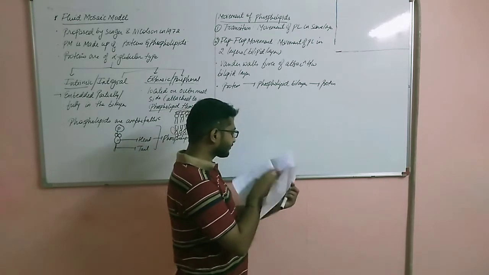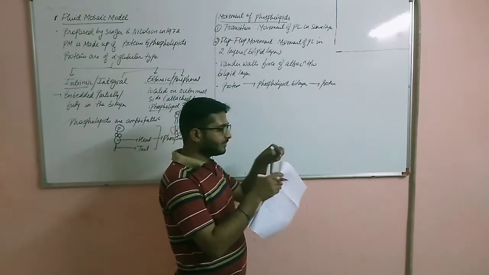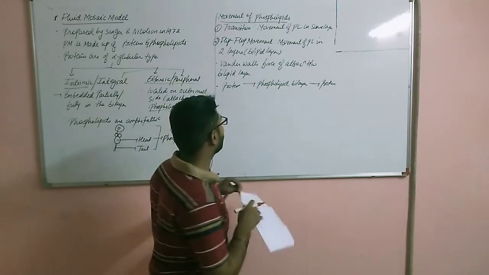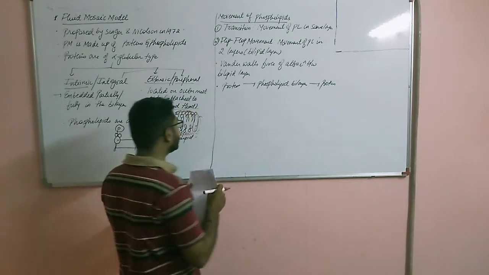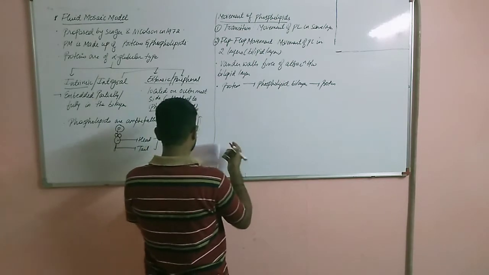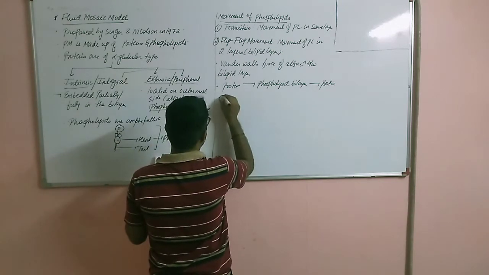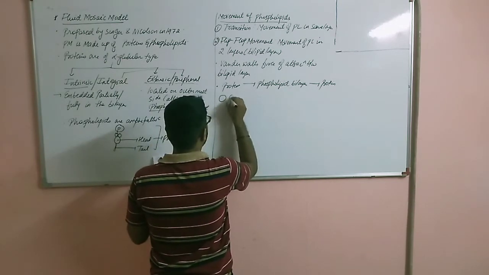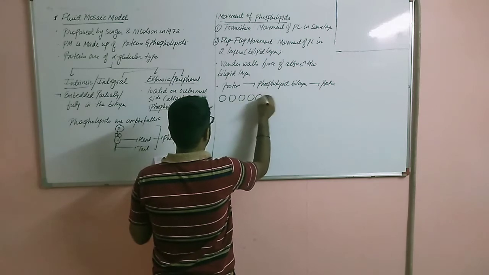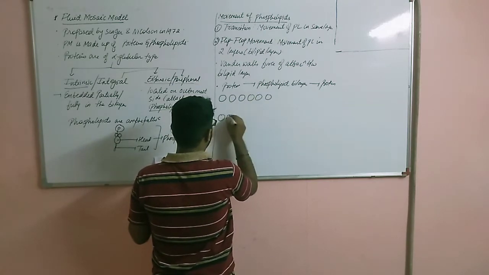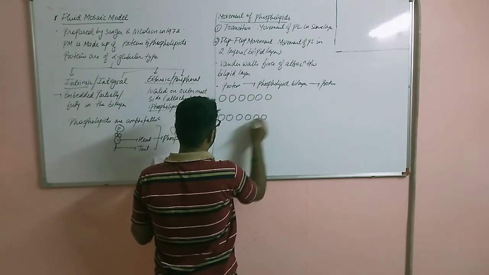Right. Now let us see the checkpoints, whether this model has to be accepted or not. For that we have to draw the model first. These are the head regions.